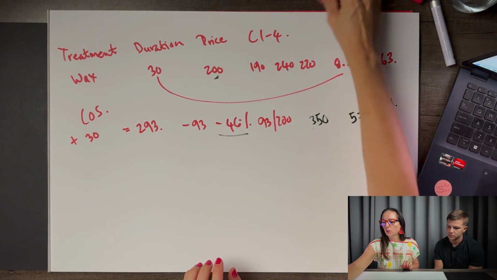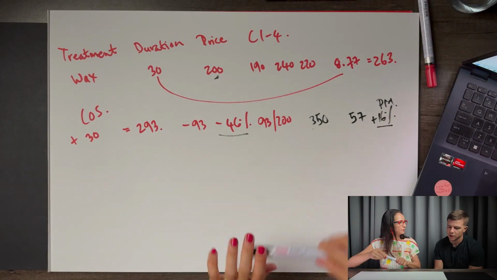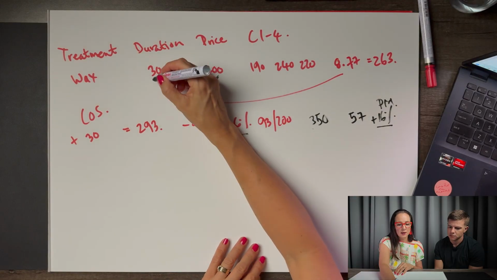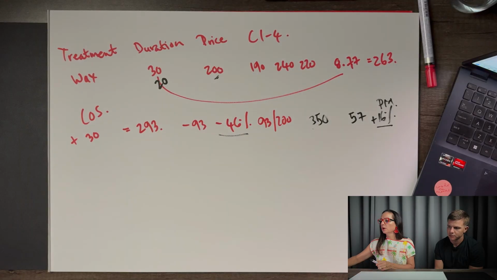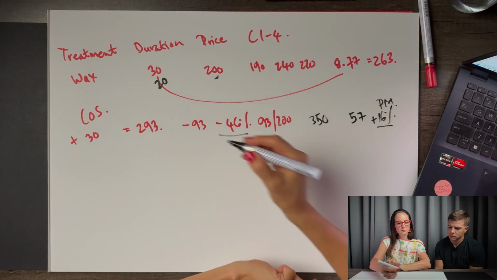Okay. What we can also do is that we can change the time. So let's say we say this actually, we can upskill the girls and they can do it in 20 minutes. So now suddenly we are sitting with for the time, it doesn't cost us 263 anymore. For 20 minutes, it's now going to cost us 175.